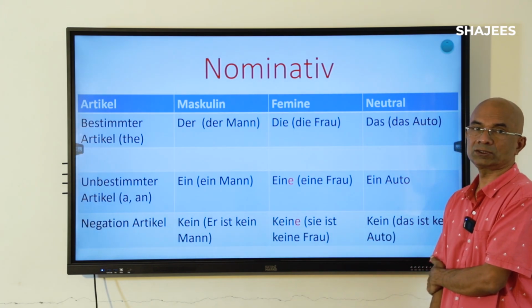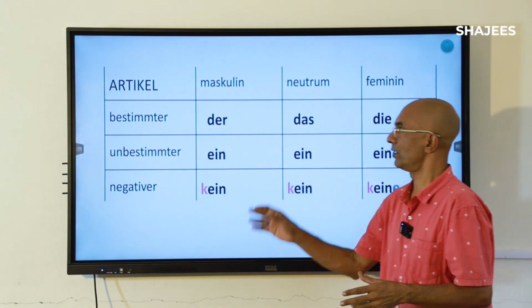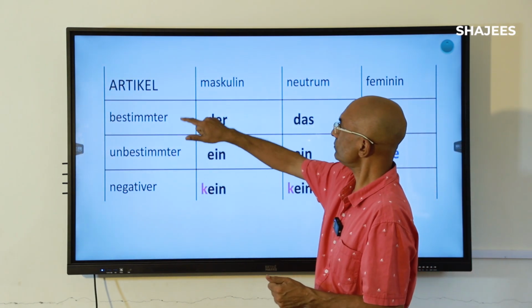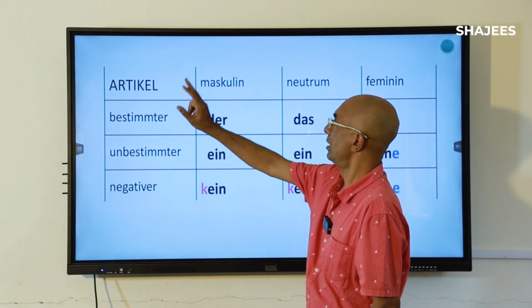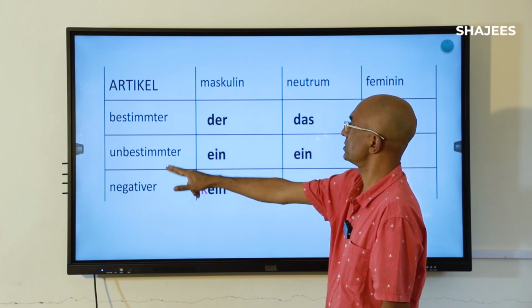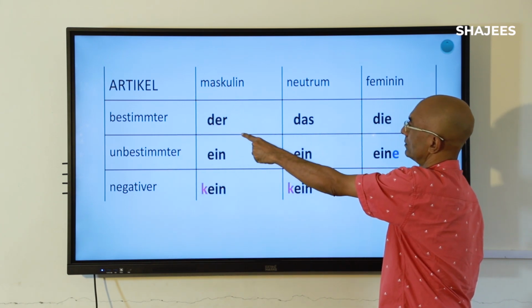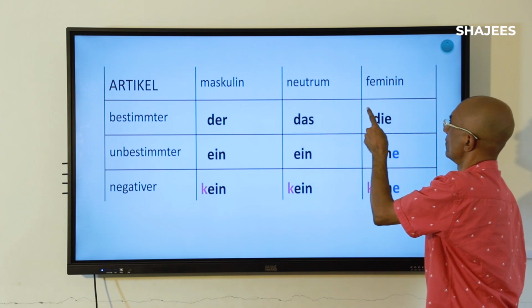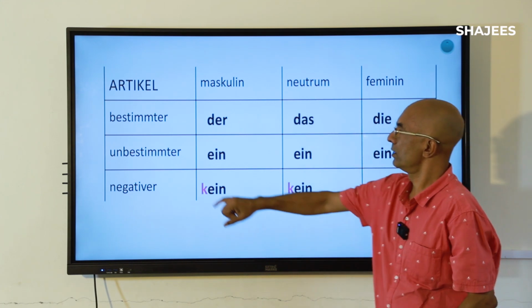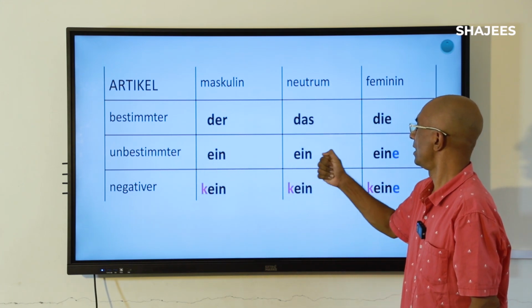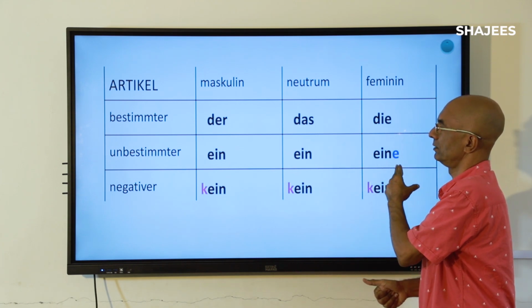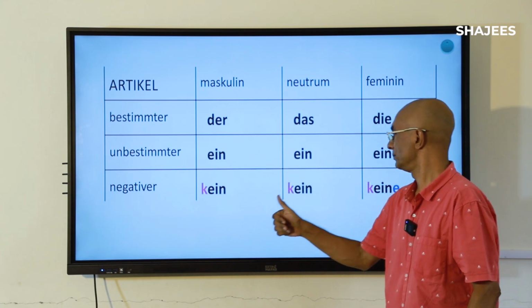Any idea what it is? We'll see in detail. So article masculine: bestimmte, unbestimmte, negative. Masculine der, neutrum das, feminine die. Unbestimmte eine. Negative kein, keine.